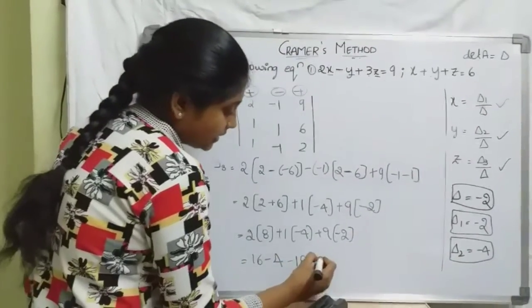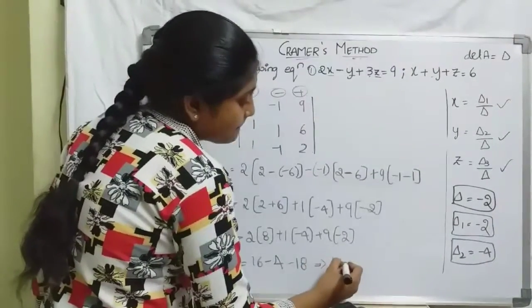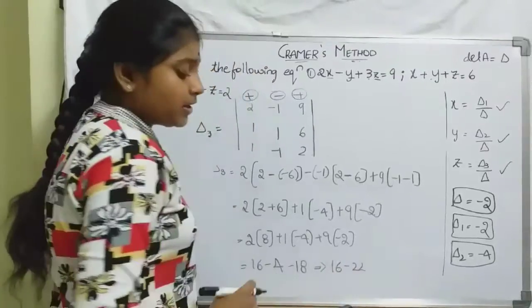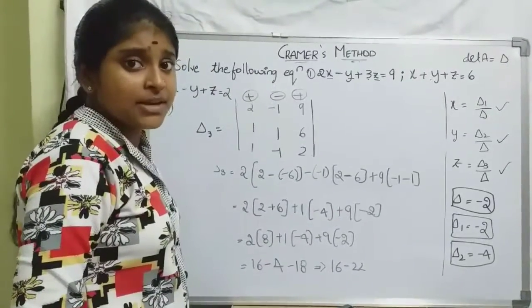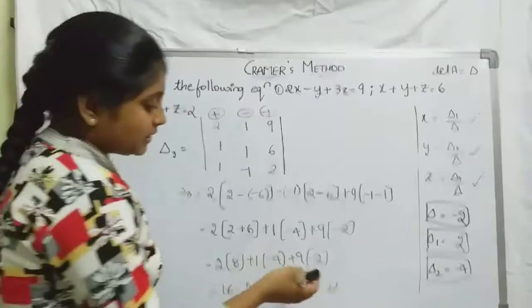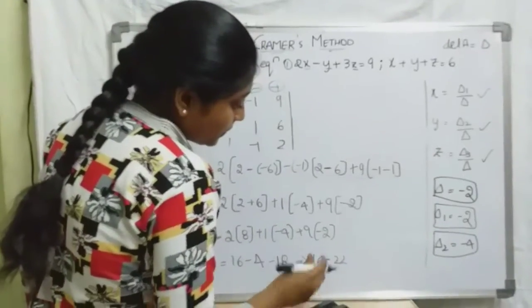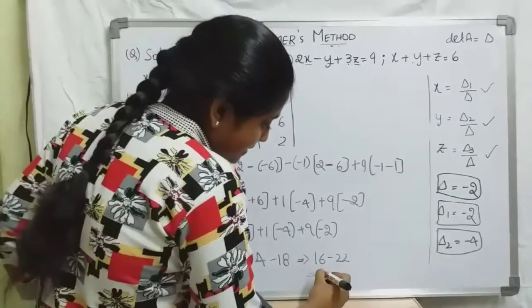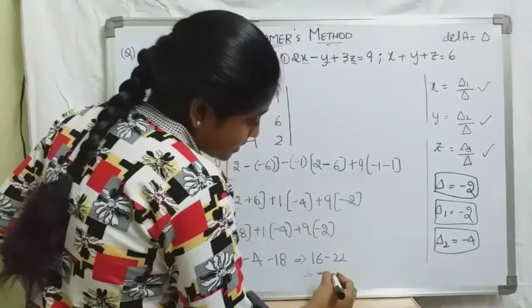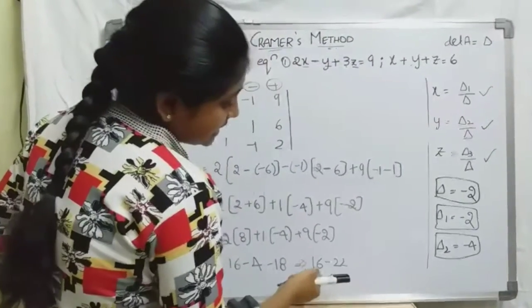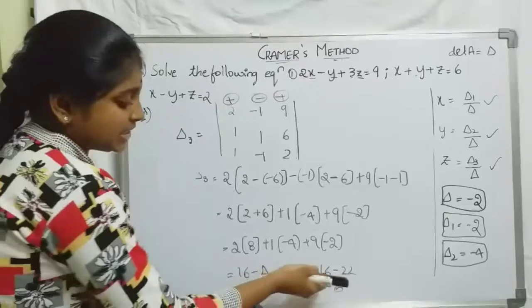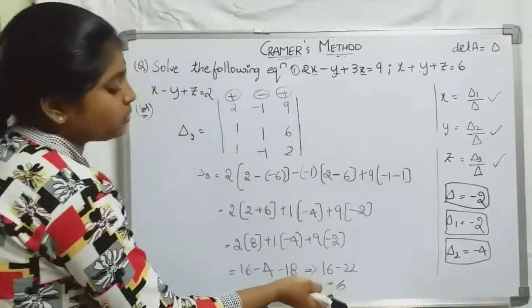So we will write here, that implies 16 minus 22. 16 minus 22 is equal to minus 6.